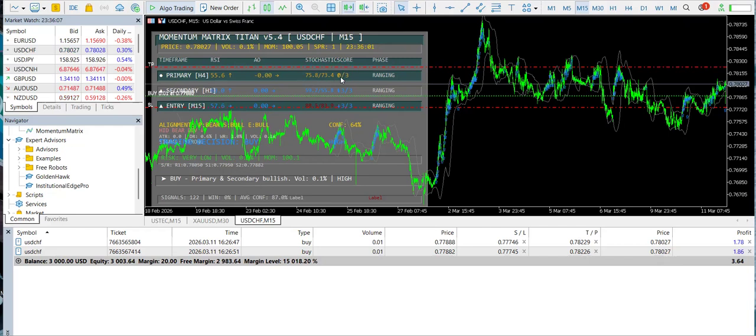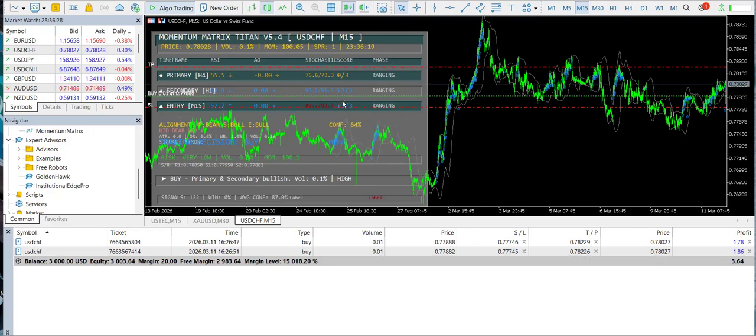Secondly, you're supposed to have the score be 3,3. Right now it is 0,3. Here on the secondary time frame, it is plus 3,3. Also on the entry it is plus 3,3.